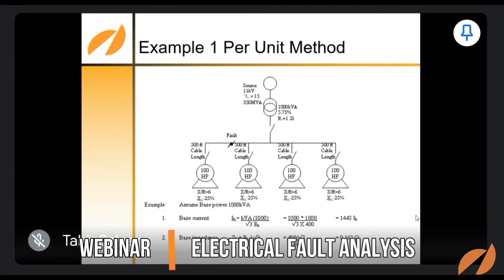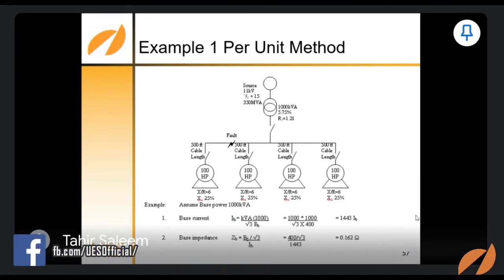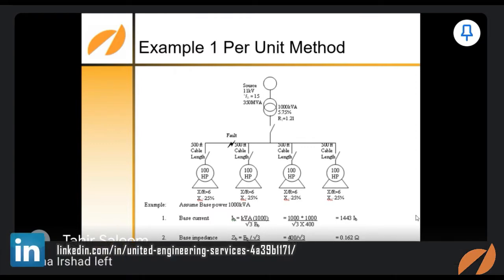For the per unit method you select a base value, so the maximum power transformer is taken as the base value, 1000 kVA in this example. Base current is calculated as 1443 A. Base impedance is calculated as 0.162 as per formula.